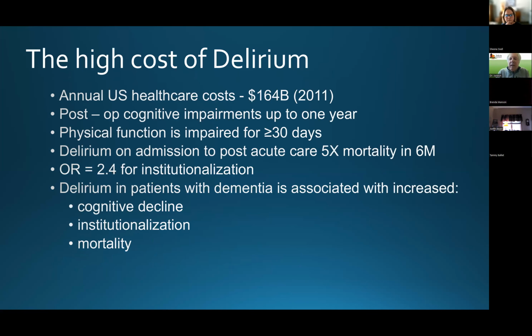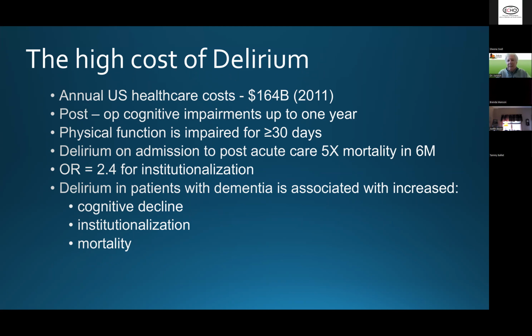Not going to spend a whole lot of time on this, just suffice it to say that when people get delirium, it costs a lot and it causes a lot of morbidity and mortality. It also leads to institutionalization, and people's quality of life just is not the same.